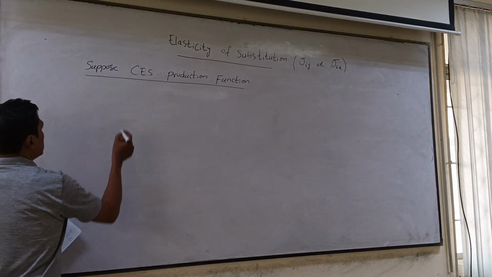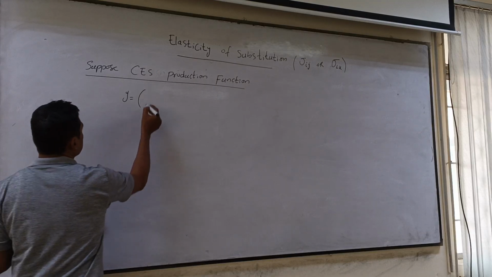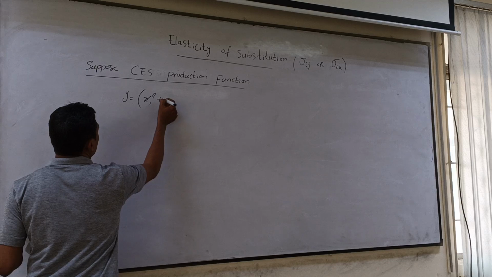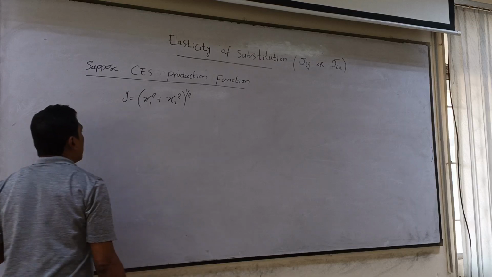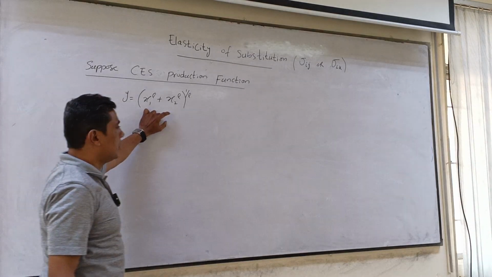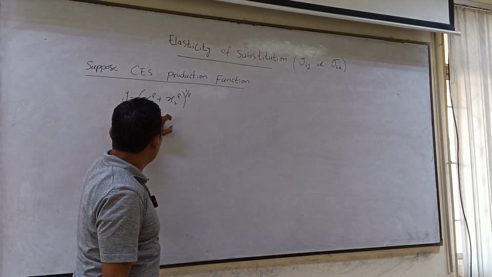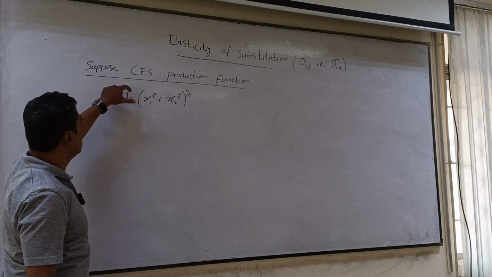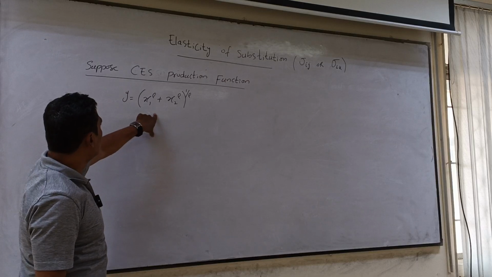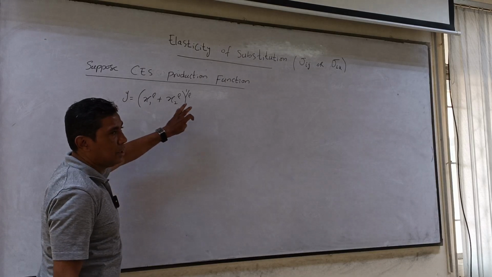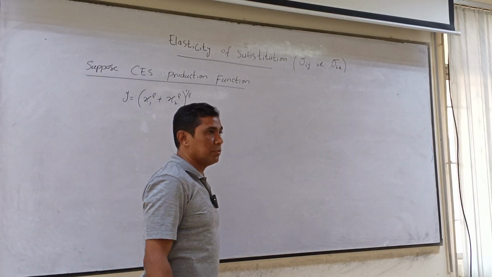What kind of production function? For example, y equals (x1^rho + x2^rho)^(1/rho). It is an already derived production function. So there is no need to do the derivation of how you derive this one. This is just the derived form of the CES production function.